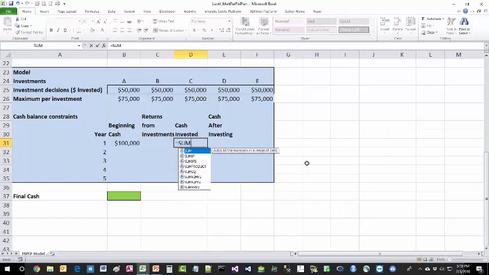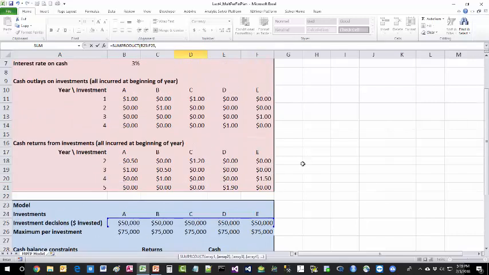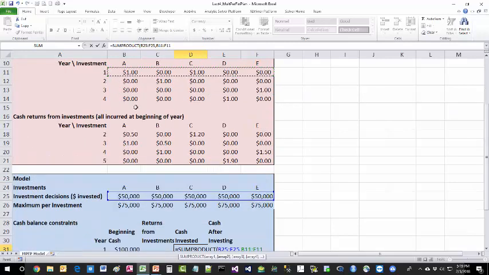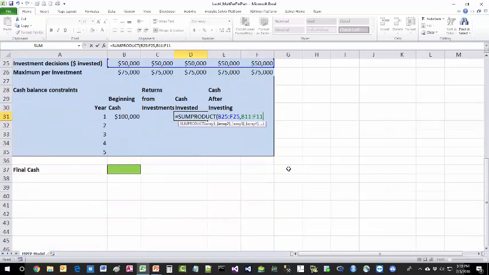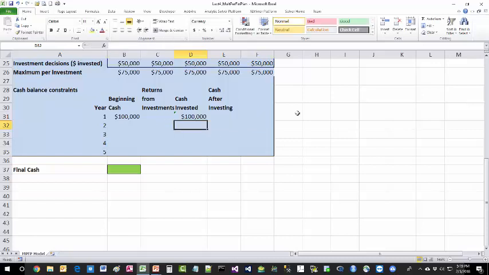Sum product of these investment decision cells, using all 5, comma, and then these cash outlays on investments, which point to the 50,000 here and 50,000 here, for the investments A and C. So the total then will be 100,000, and I am going to fix the row 11 so I can copy this later on. I'm not going to do it right now though.